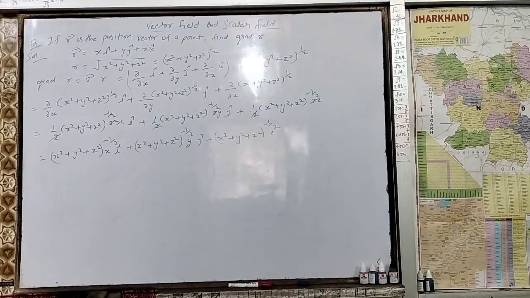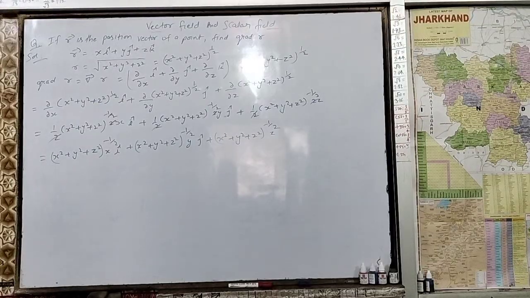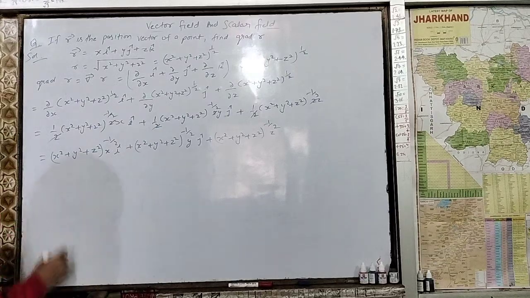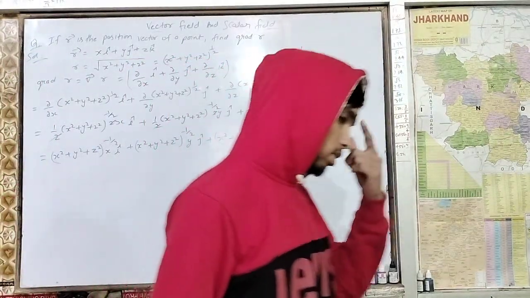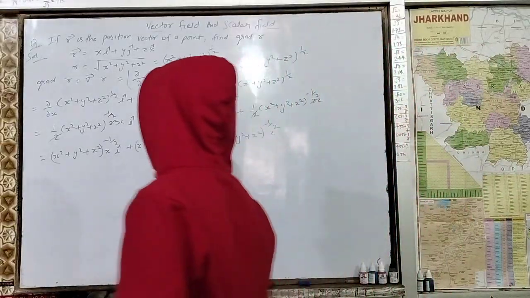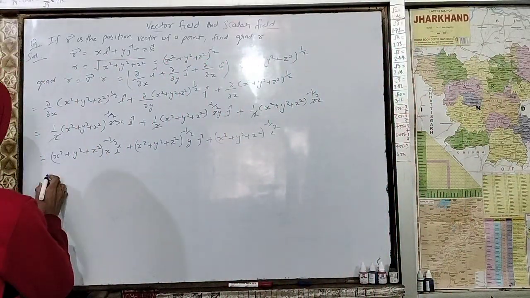This thing we got. Tell me what thing you are getting as common. The answer is, x square plus y square plus z square raised to power minus 1 upon 2 is common for each term, so you can take this as common.